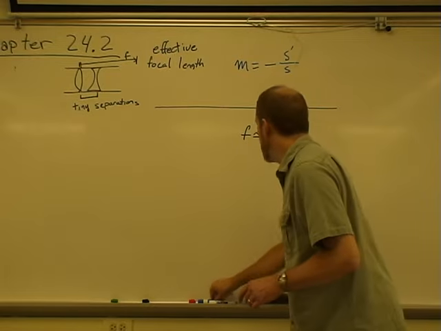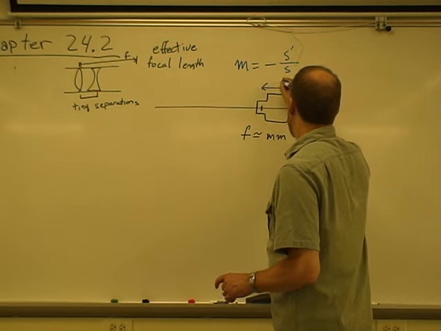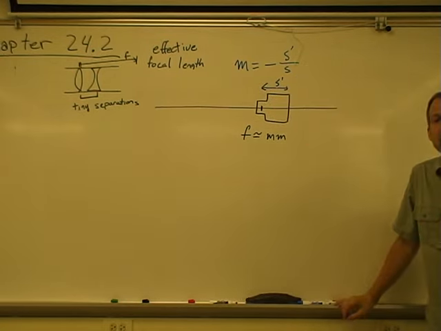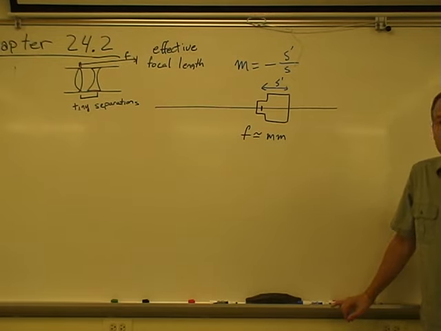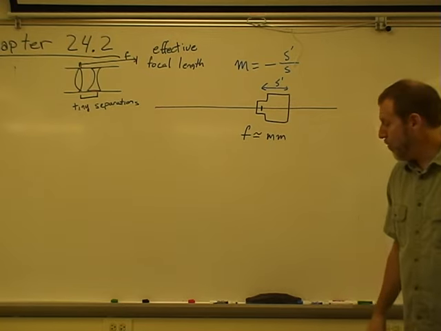Also notice that the image distance has to be contained inside the camera. If the image doesn't fit on the camera, then how are you going to have it hit either, in an old camera, the film, or the CCD chip to be able to record it? The image distance has to stay inside the camera and therefore be tiny.